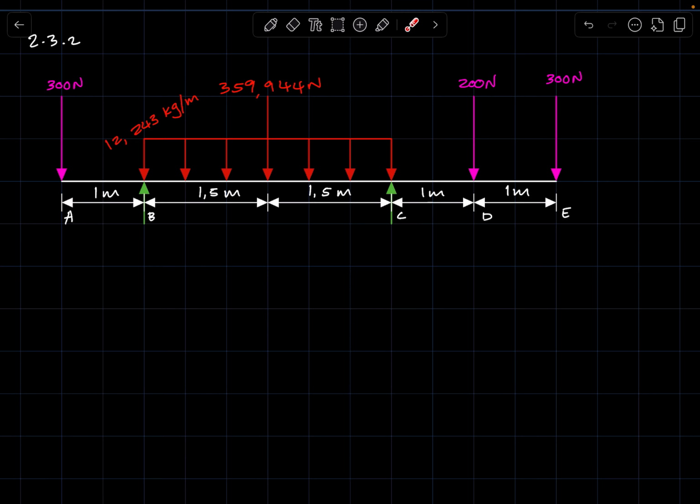If you remember, earlier I spoke of critical points on the beam, and I said that those critical points are the beginning and end of the beam, where you have point loads, where you have reactions, and the beginning and end of a UDL. This one is not so important; we don't necessarily take it as a critical point on the beam. That is where the weight component of the beam is acting.